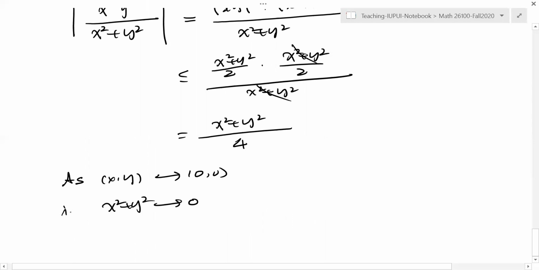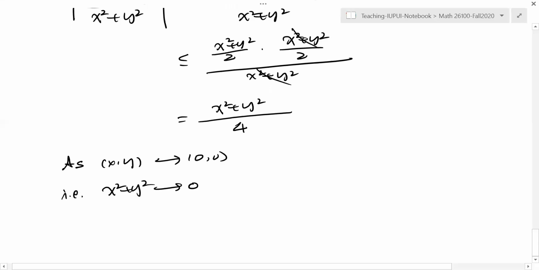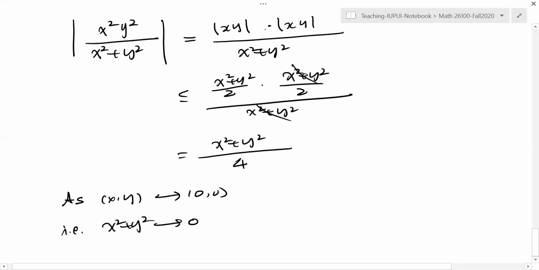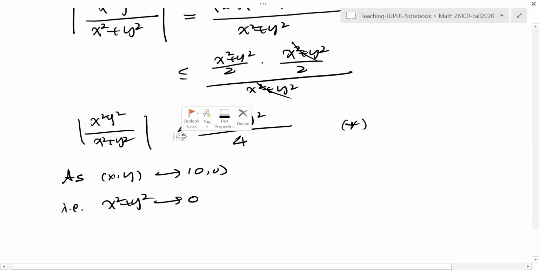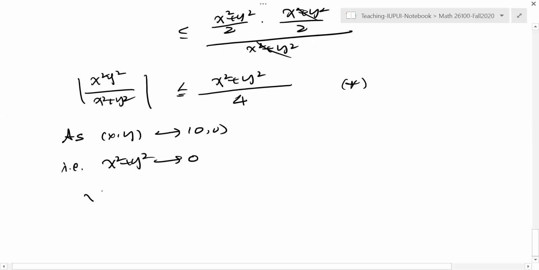And because the absolute value is less than this, by this inequality, x squared plus y squared approaches 0.